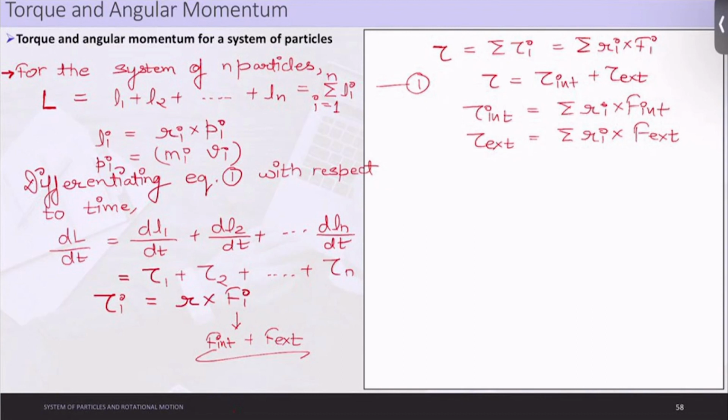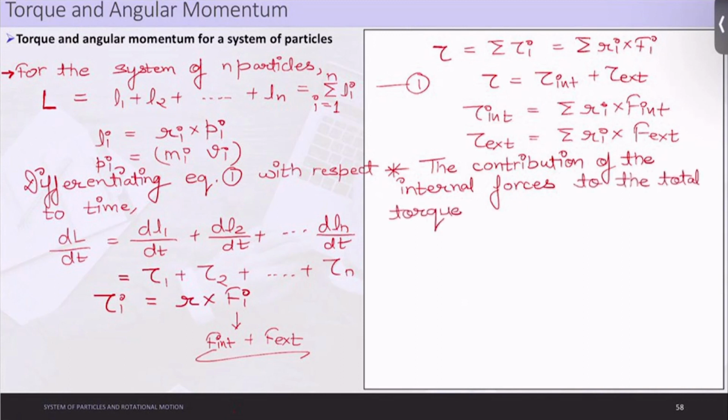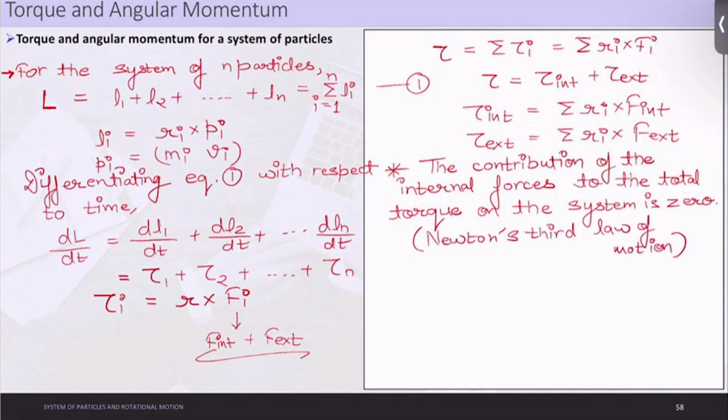So in this case also the contribution of internal forces to the total torque on the system is zero, since the torque resulting from each action-reaction pair of forces is zero. The reason for this is directly Newton's third law of motion.